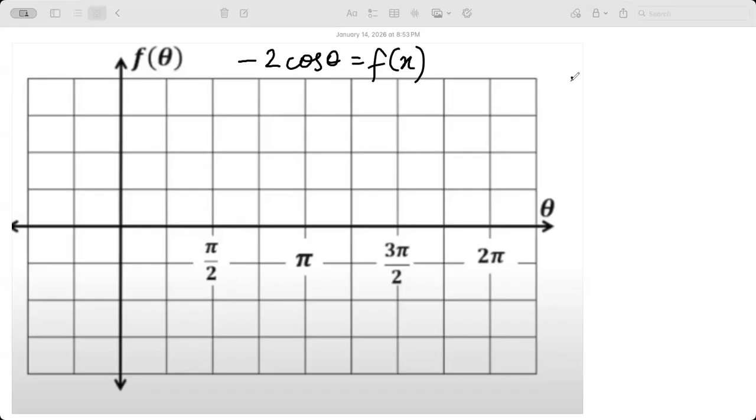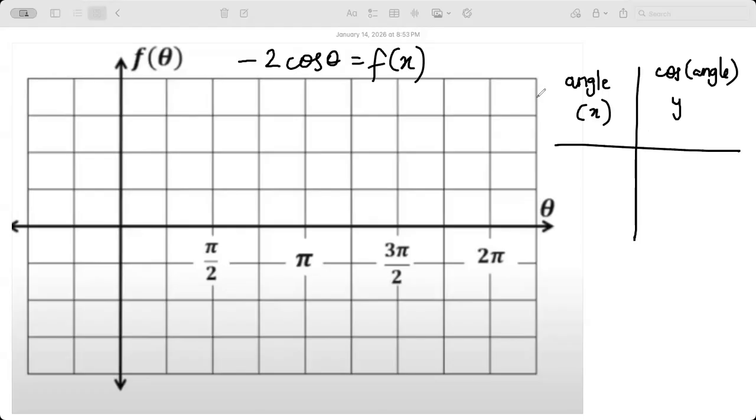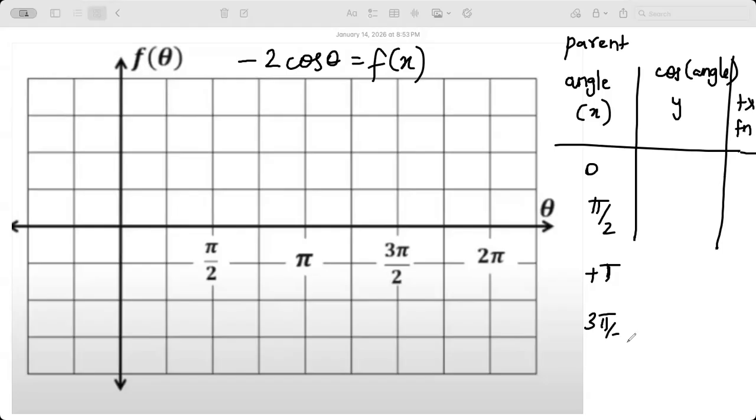Let's say we have theta, we have angle, the x value is your angle, right? And then the y value is your cos of the angle. Okay, this is your parent function. I'm going to have a transform function here. Now angle, I start with 0, pi by 2, pi, 3 pi by 2, 2 pi.